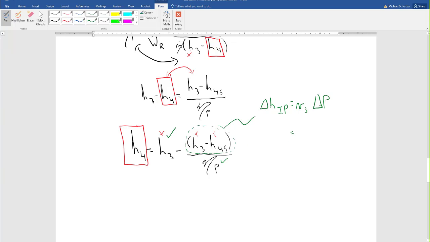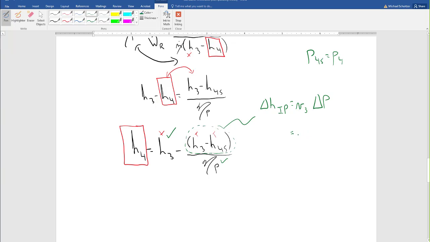But for the pressure difference, P4S is equal to P4, because it doesn't make sense to compare an ideal pump that's doing a different job than the real pump. The real pump has to increase the pressure of the water by a certain amount. The ideal pump has to do the same job. So P4S is going to be the same as P4.